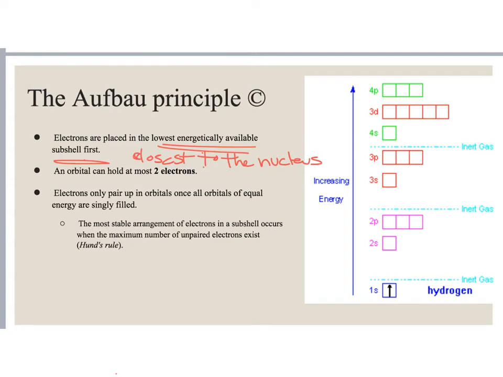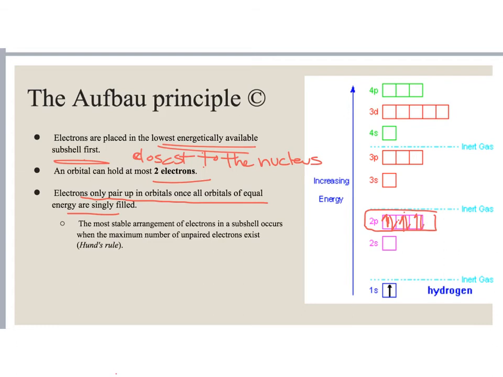Now remember, an orbital can hold at most 2 electrons. Electrons only pair up in orbitals once all orbitals of equal energy are singly filled. For example, in the 2p, remember we said in the p subshell you can have 3 different orbitals. If we're filling electrons into that subshell, we'd fill into that one, that one, and that one, so we'd fill 1 into each orbital, and then we'd pair them up once we filled them up.